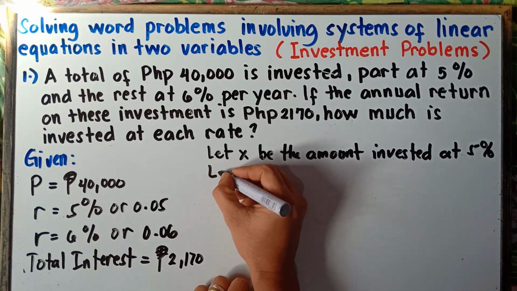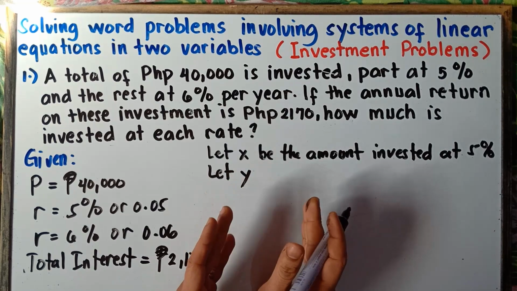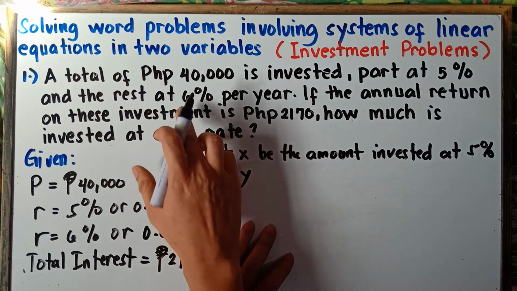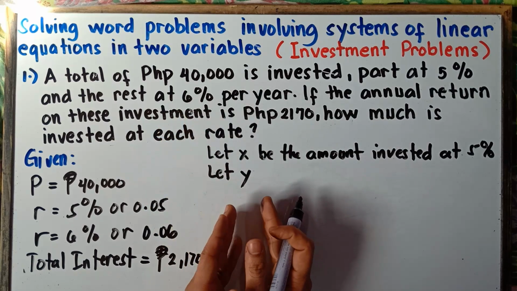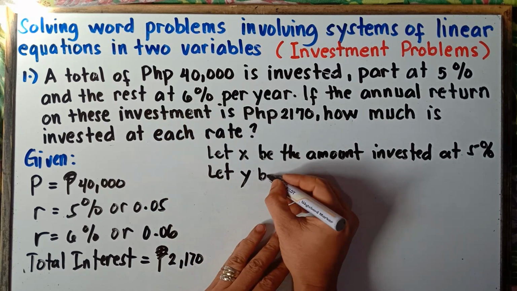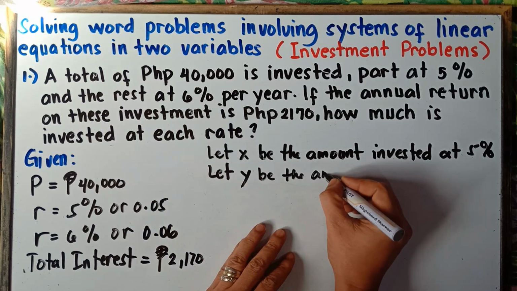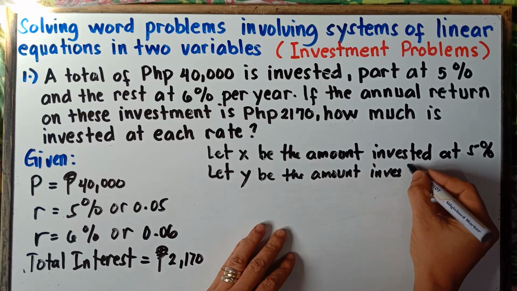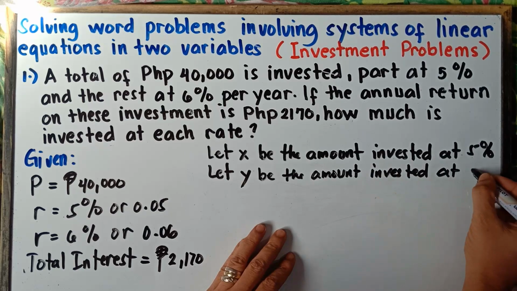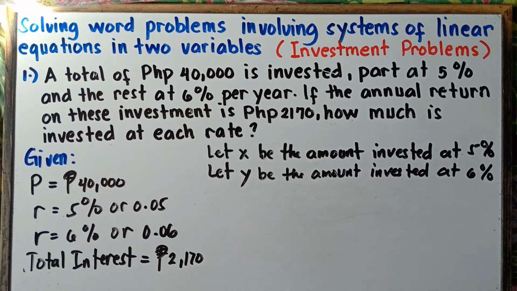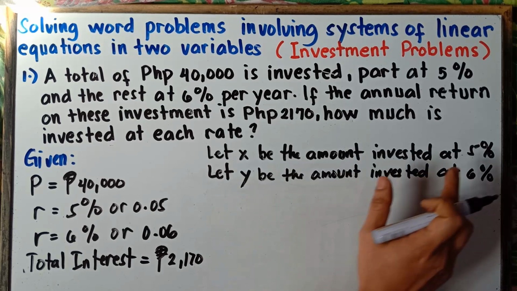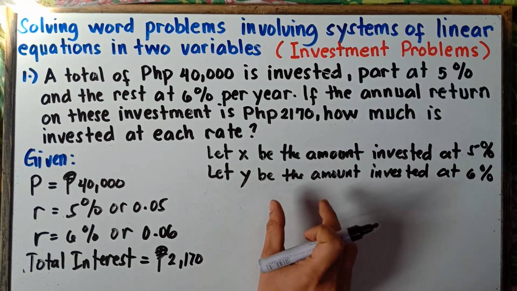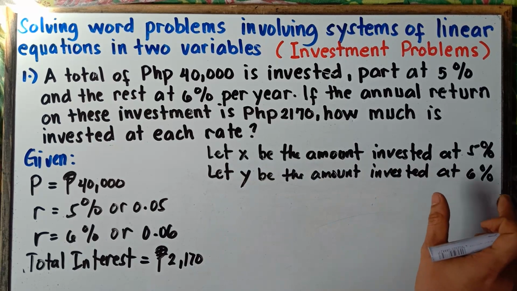And then let y, since we don't know the amount invested at 6%, be the amount invested at 6%. Once again, class, do it step by step. Let x be the amount invested at 5%. Let y be the amount invested at 6%.